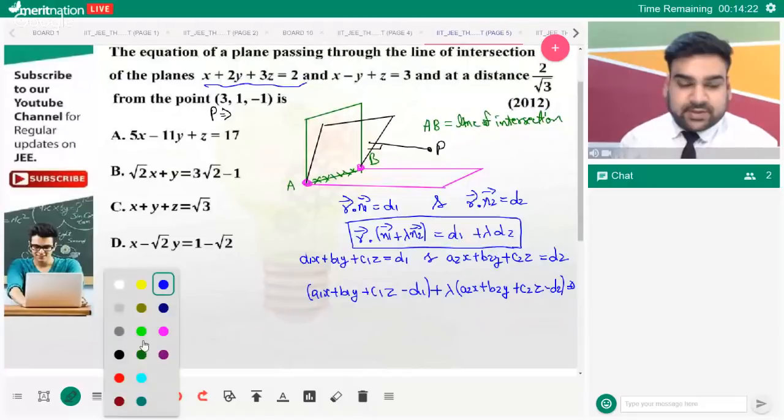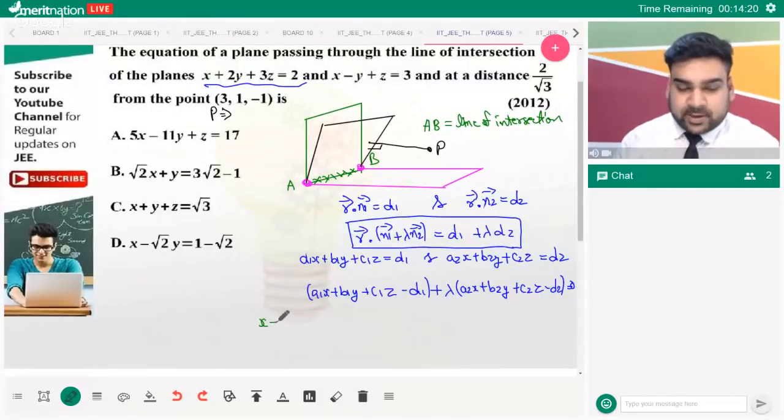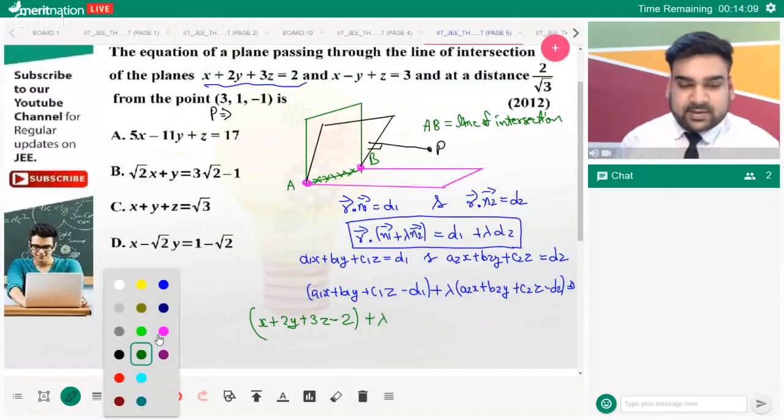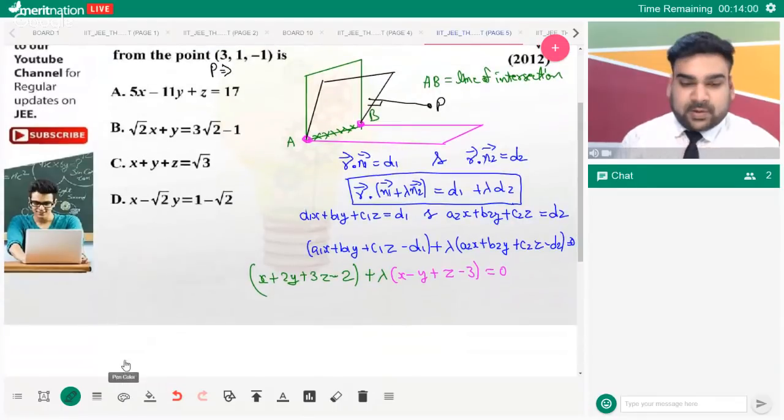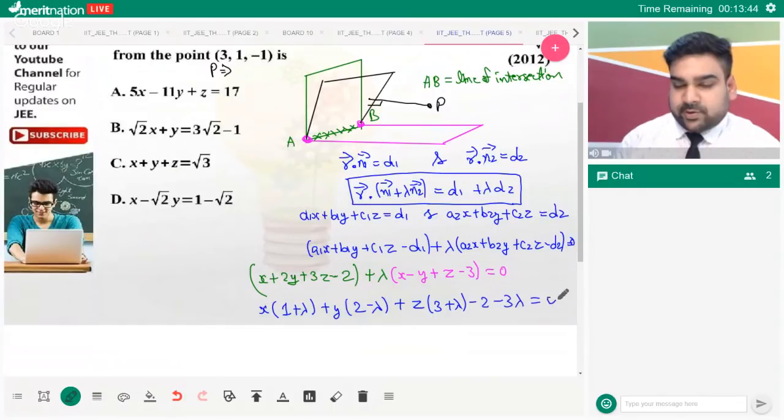Substituting, the first plane, x plus 2y plus 3z minus 2, plus lambda times our second plane, x minus y plus z minus 3, equals 0. Simplifying, we get x times (1 plus lambda) plus y times (2 minus lambda) plus z times (3 plus lambda) minus 2 minus 3 lambda, equal to 0.